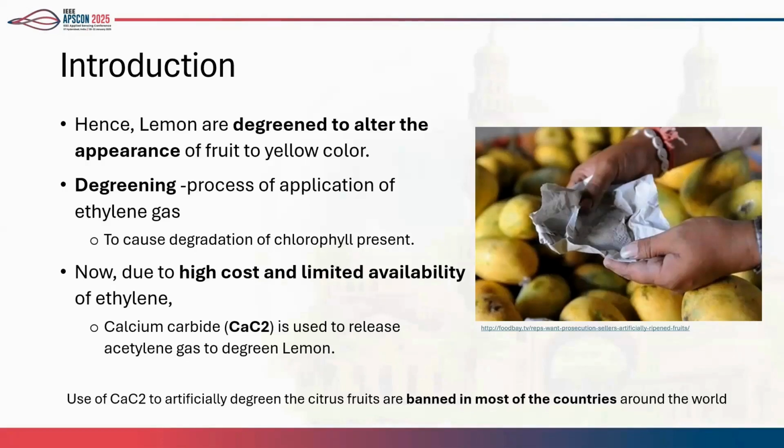They use it to release acetylene gas to degreen the lemon. So these are some of the practices adopted between harvesting and the citrus fruits reaching the customer. Although calcium carbide is banned in the majority of countries, people use it in an illegal manner, especially in underdeveloped countries.